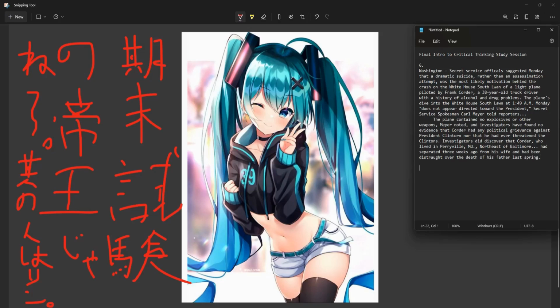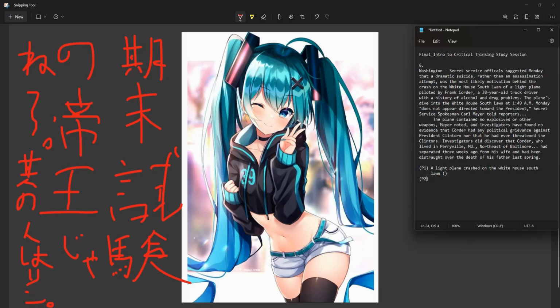Okay. Let's check this one out. P1 is a light plane crashed on the White House South Lawn, and we'll determine if that's evidence or information later.